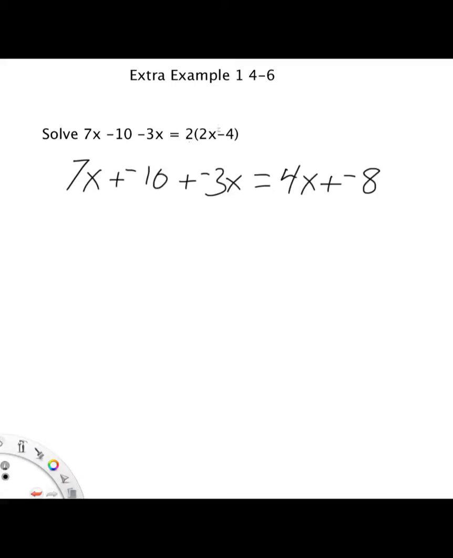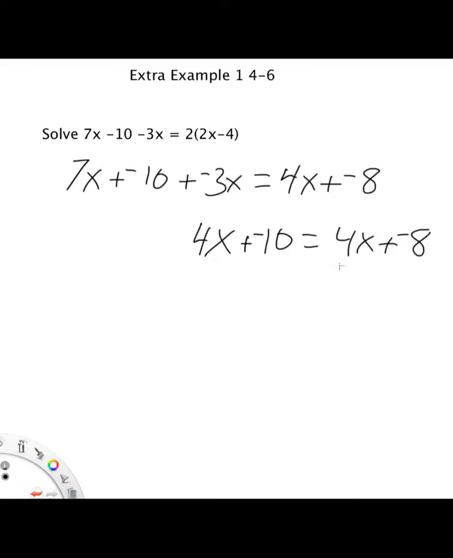So 2 times a negative 4 is a negative 8. Now 7x minus 3x is 4x, minus 10 equals 4x plus a negative 10 plus a negative 8.